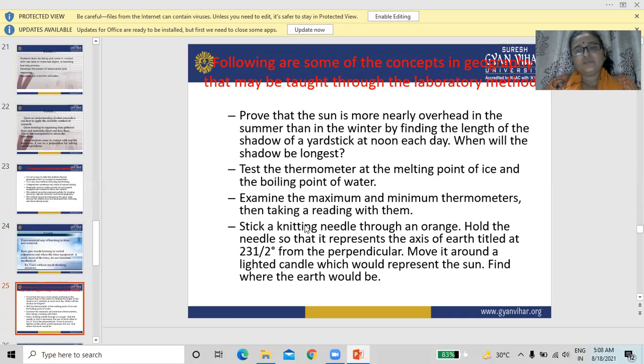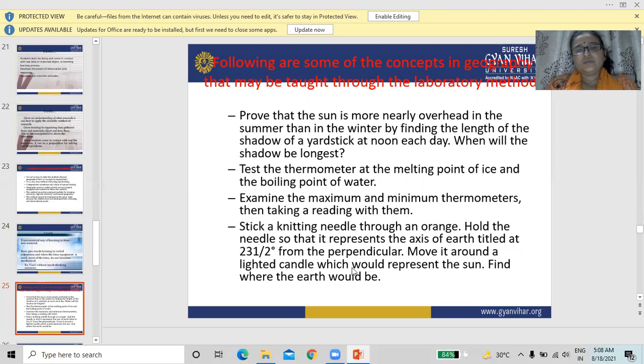Examine the maximum and minimum thermometers, then take a reading with them.